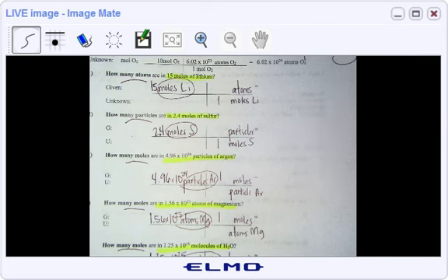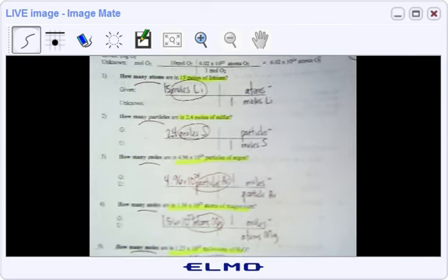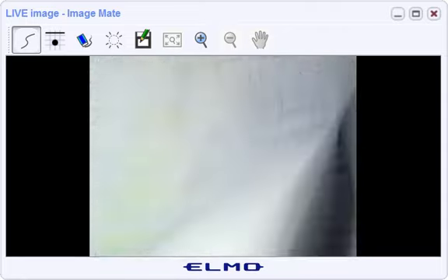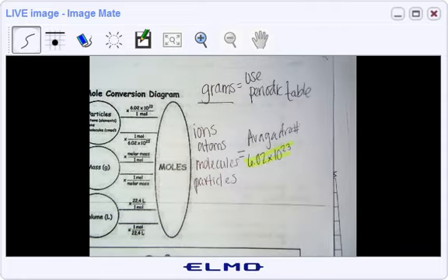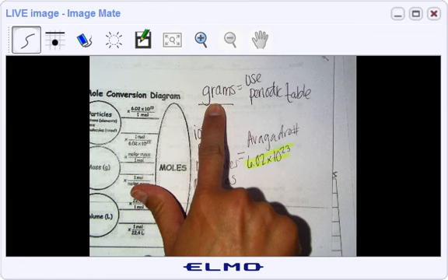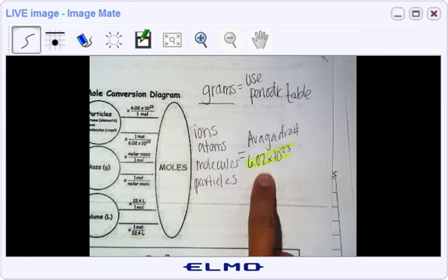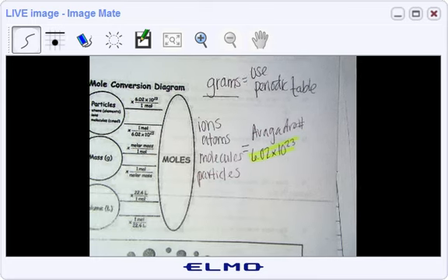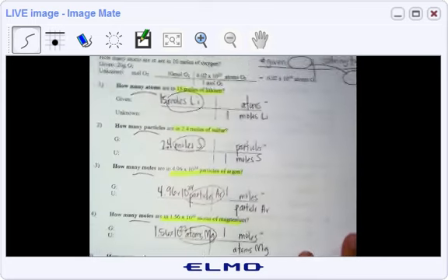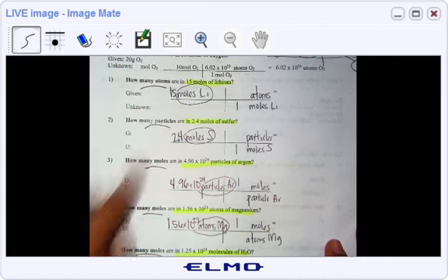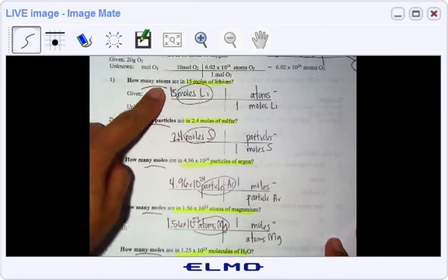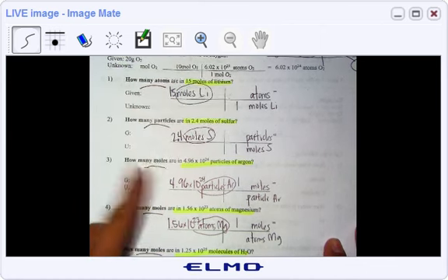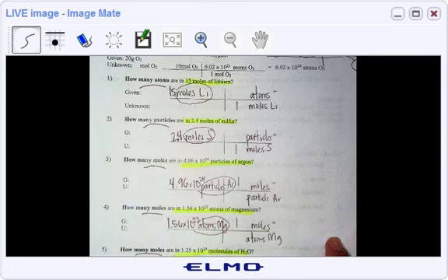I'm going to take a minute to flip around what I said. If grams is not in the word problem at all, we're going to use this number. Okay, Avogadro's number, 6.02 times 10 to the 23. None of these word problems have grams. It's either atoms to moles, particles to moles, moles to particles, moles to atoms. So grams not in it.